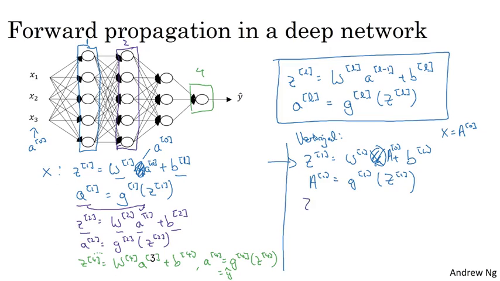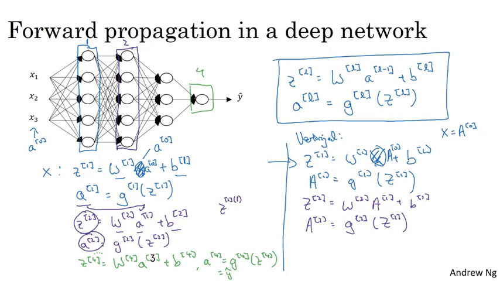And then for the next layer, it looks similar: Z2 equals W2 A1 plus B2, and A2 equals G of Z2, right? We're just taking these vectors Z or A and so on and stacking them up.